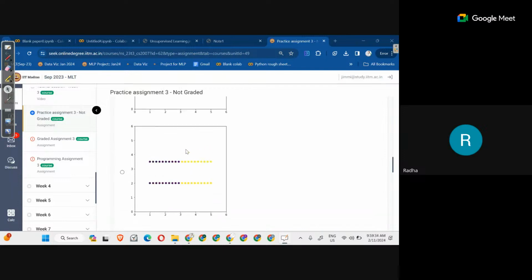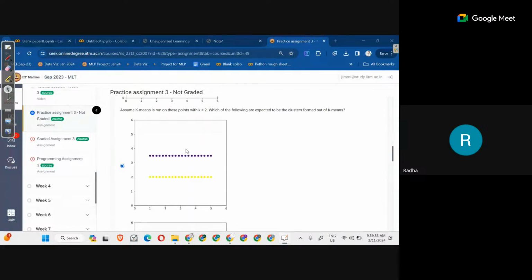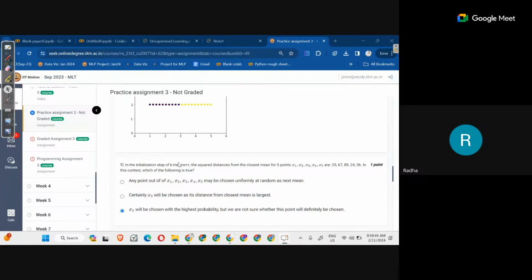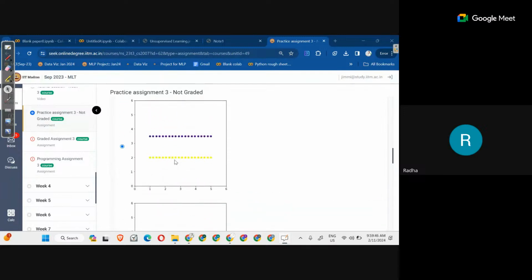It's confusing. Actually, in the practice assignment solution PDF, there is one more option which says that it depends on the cluster initializations and the initial centroids. That option is not here in this assignment 3. It does depend on initialization, isn't it?